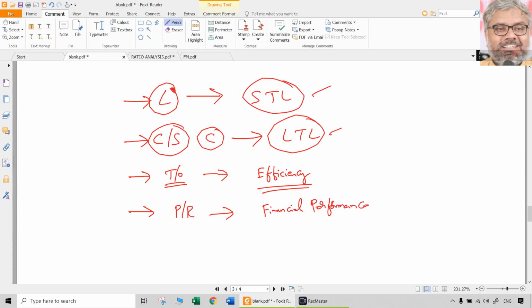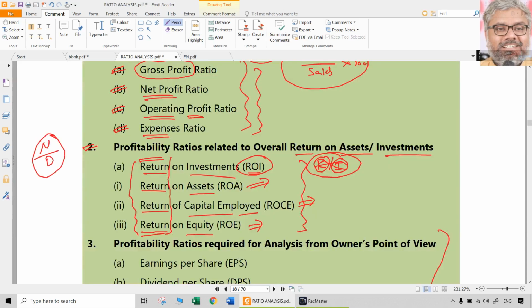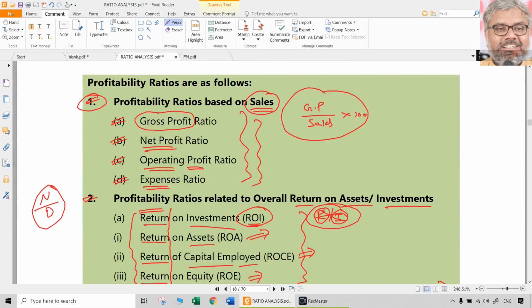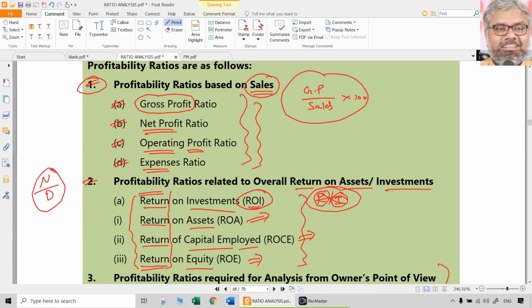So when the financial performance of the organization has to be analyzed, the potential investors, shareholders, even including the internal management, will look at these profitability ratios. The first two categories of the profitability ratios will be mostly looked at by them. And even then, the first category has more of the management's attention. The second category will have more of outsiders' attention, investors' attention.